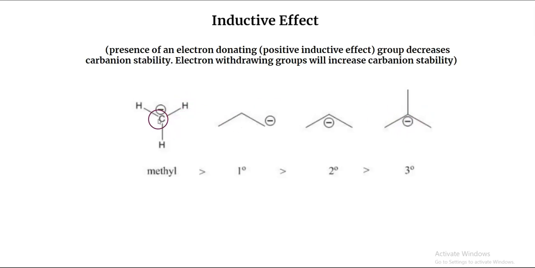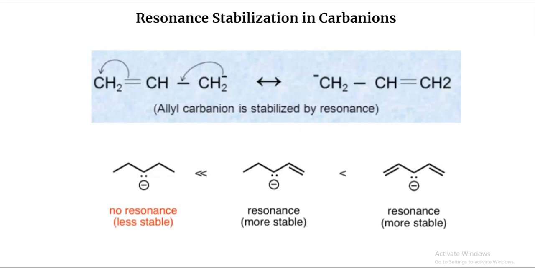If there are fewer electron donating groups, in the methyl group there are no electron donating groups, the negative charge won't be enhanced. As a result, this will be more stable. Therefore, electron donating groups make carbanion less stable. Electron withdrawing groups, however, would make the carbanion more stable. So if there was a CF3 group here, that would make this carbanion more stable. Just the opposite to the effect that we saw in carbocation.